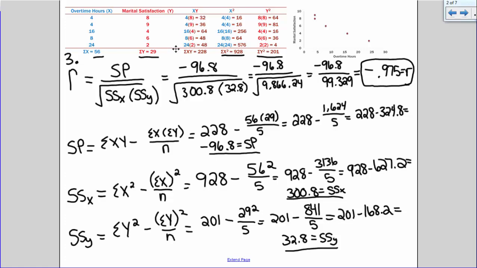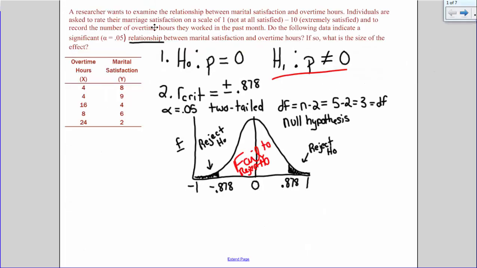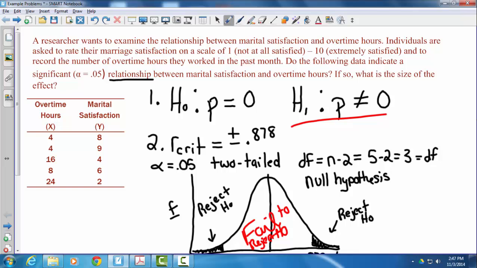And guess what? Just like the picture told me, I have a strong negative relationship. The downward slope tells me it's negative, and the fact that the dots almost perfectly form a straight line tells me that it's a very strong relationship, and I'm feeling super confident about my calculations. Now when we go back, let's do step 4 here, and I'm going to go ahead and type it in.